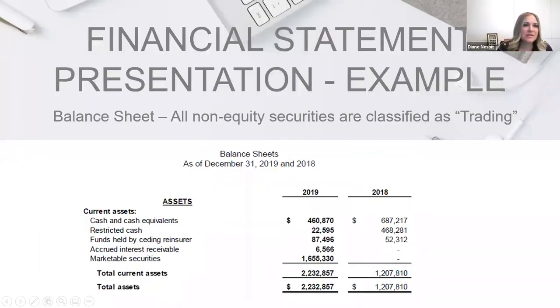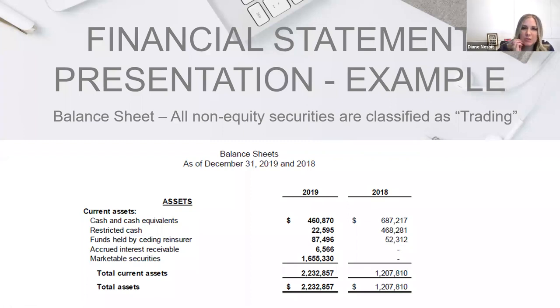Okay, so for this last portion, I just want to go through a really simple example of what the financial statements and footnotes will look like once this update has been implemented. So here in this balance sheet that I'm showing you, all non-equity securities that are held as of the reporting date are classified as trading. Also, the other thing to note here is that the entity didn't hold any marketable securities in the prior year.